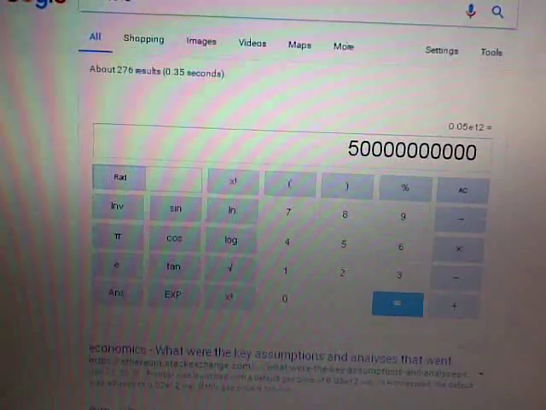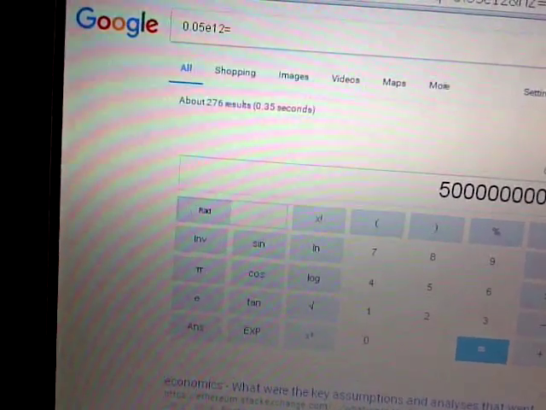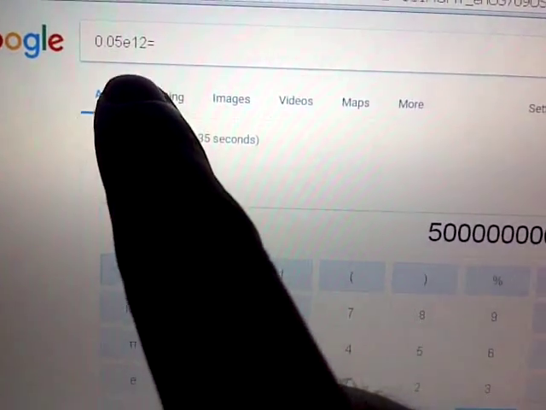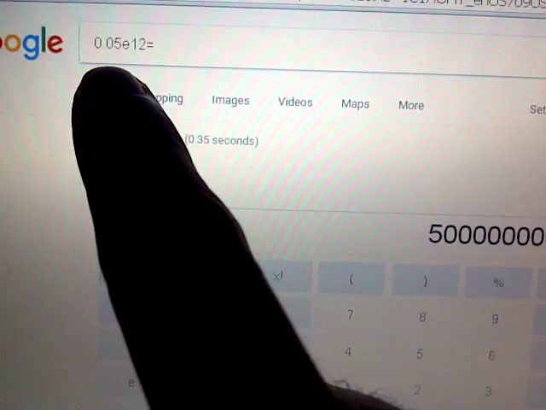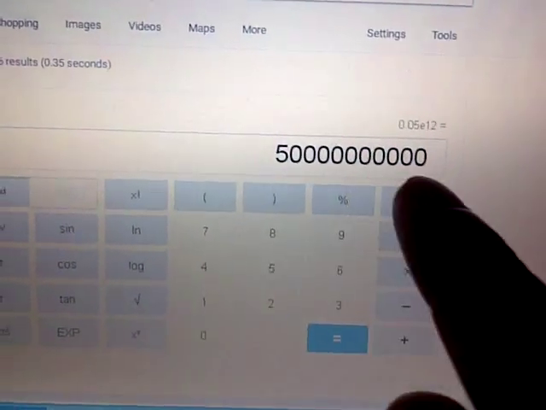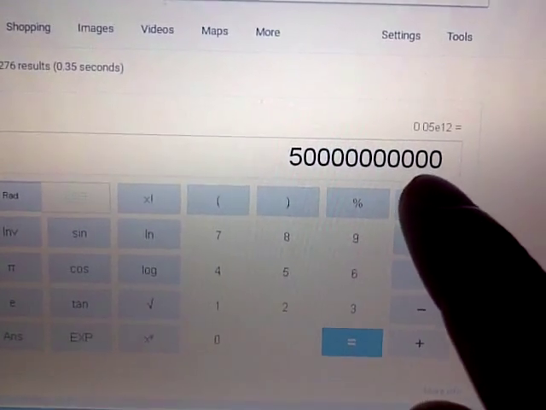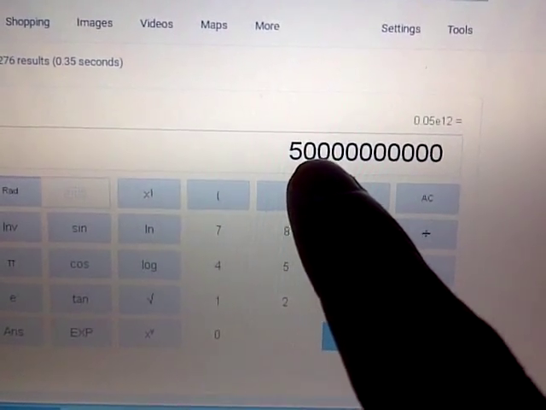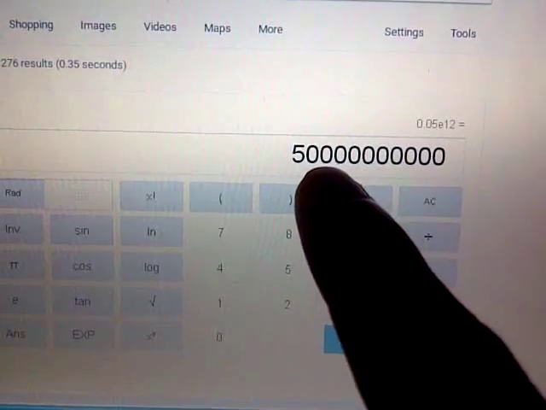Okay, so there you go. Let me see if I can blow this up a little bit for you, so you don't have to zoom in that much. Okay, how's that? So if you take this symbol, it equals out to this number. Now if you count how many zeros there are, there's about 9 zeros and then a 5.